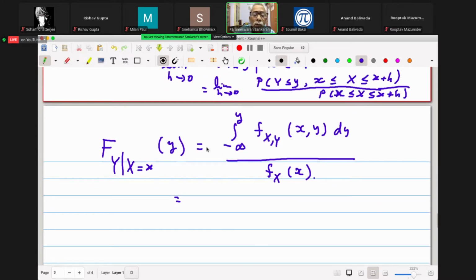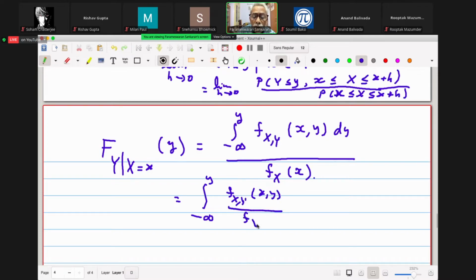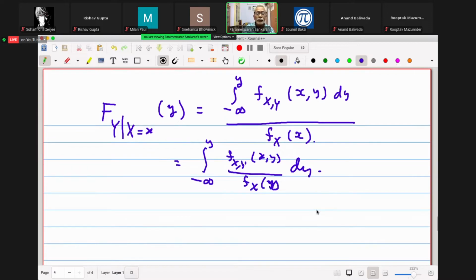Mind you, when you write X equals x here, this x is a constant, not a variable. There are many ways to write this: f_XY(x, y) by f_X(x) dy, and that gives you the density.